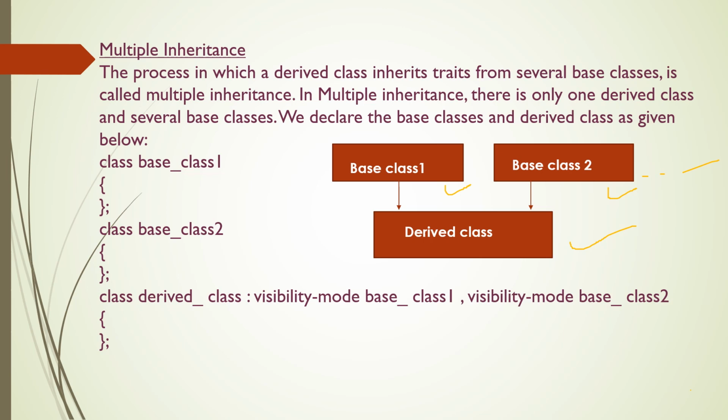In multiple inheritance there will be only one derived class and several base classes. It can have more than one, and many. So this is the concept in multiple inheritance.